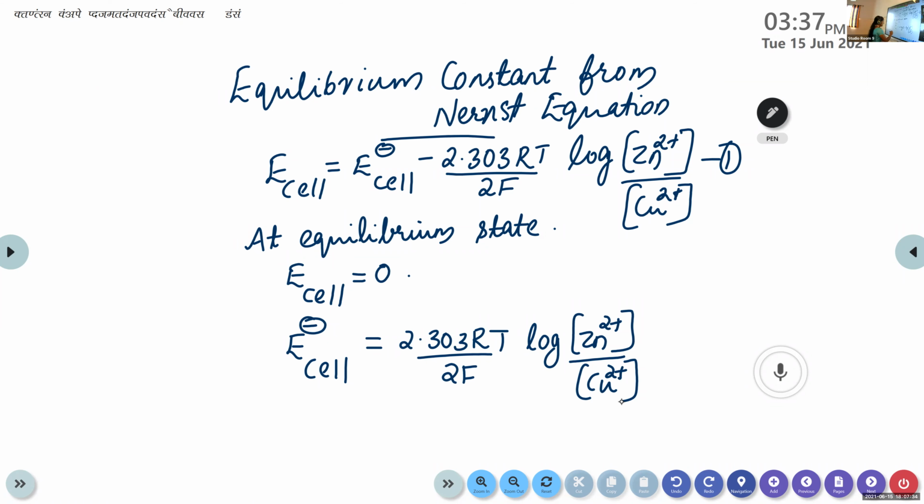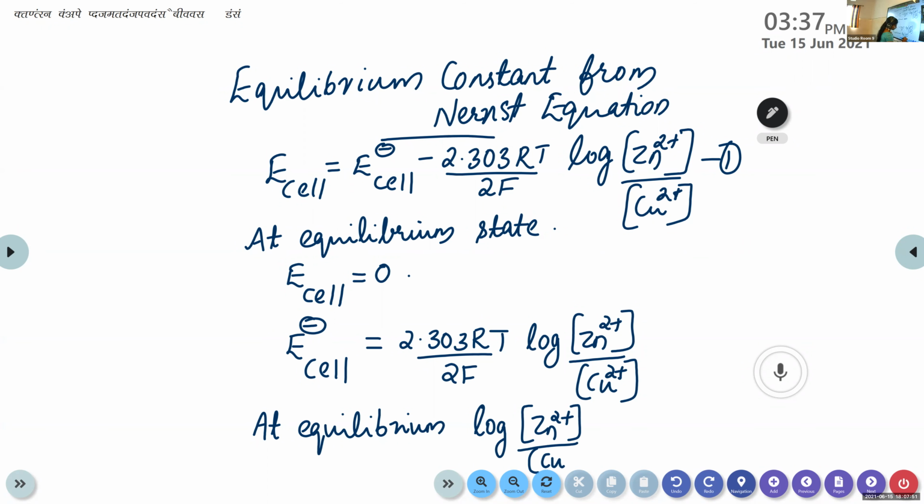Then at equilibrium, log of concentration of Zn2+ divided by concentration of Cu2+ is taken as log Kc.